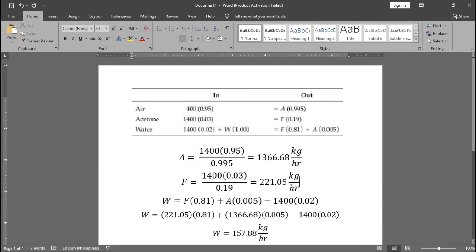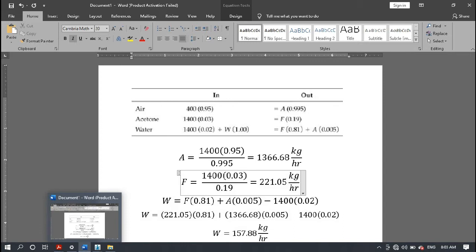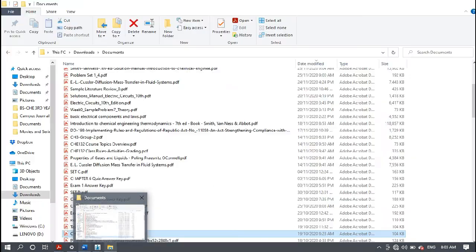For air, this is 1,400 in and out of the absorber column. For our A stream, we have 1,400 multiplied by 0.25 divided by 0.995. So the A stream is 1,366.68 kilograms per hour. Our F stream is 221.05 kilograms per hour.